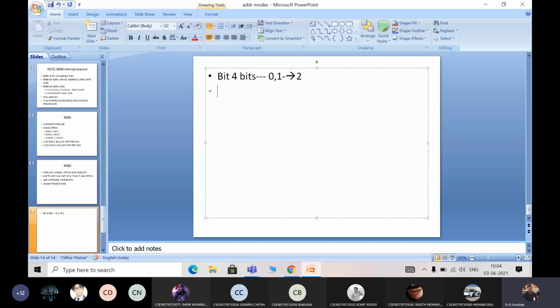So if you want to calculate the memory occupied by that particular processor, you take 2 power the number of bits it can process at a time. Here it can process 4 bits at a time.